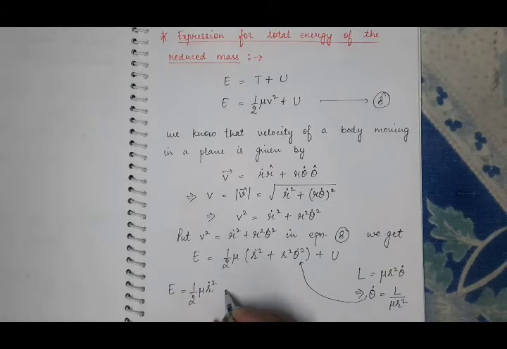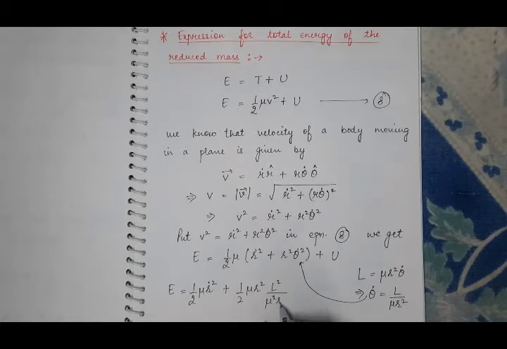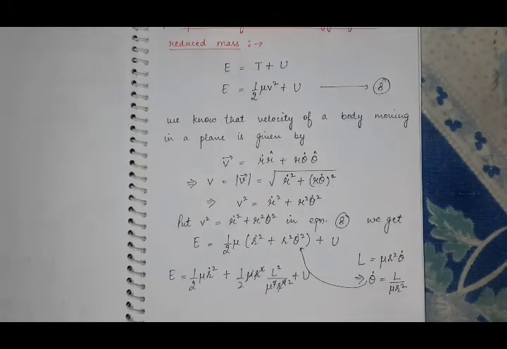equal to half mu r dot square plus half mu r square times theta dot square, which will be L square by mu square r raised to power 4, plus U. So now one mu and mu will cancel out, r square and r square will cancel out, and we are left with r square.